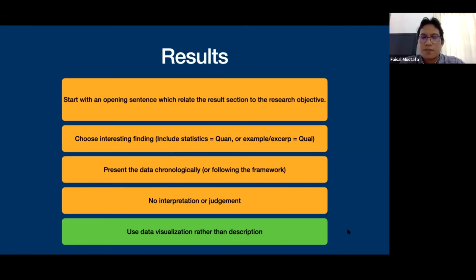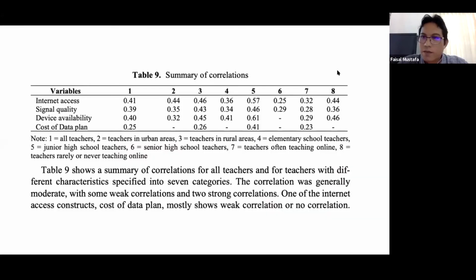Okay. Let's take a look at one way of presenting a result, which is a table. I provide this example because we usually find that authors repeat information in the table when they describe the table.